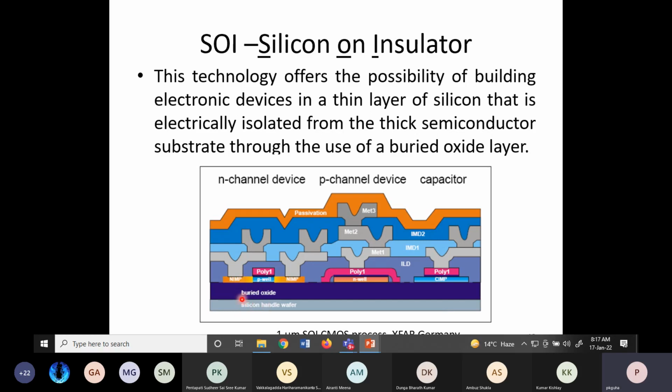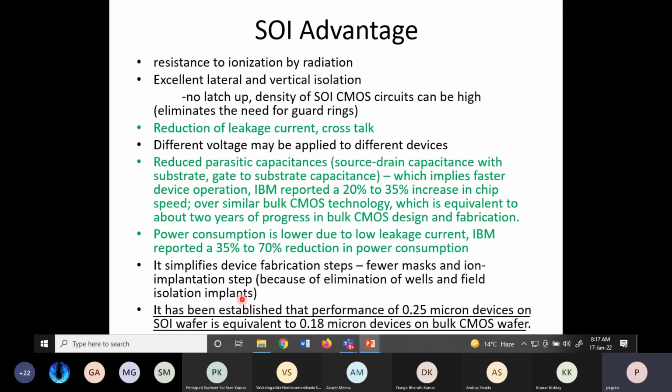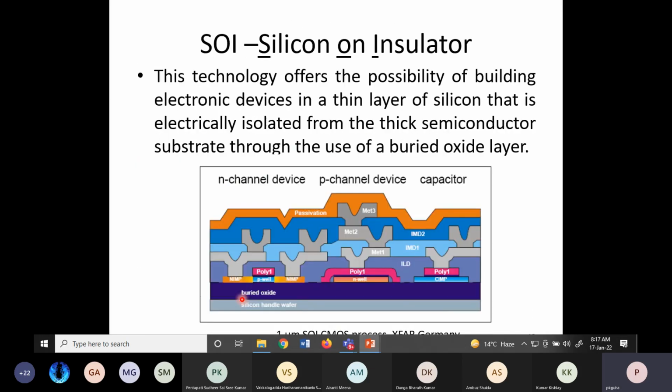Okay, and this buried oxide is maybe a few micrometer thick, right? So that is how the capacitance associated with source and drain with the substrate is reduced. That improves the performance.